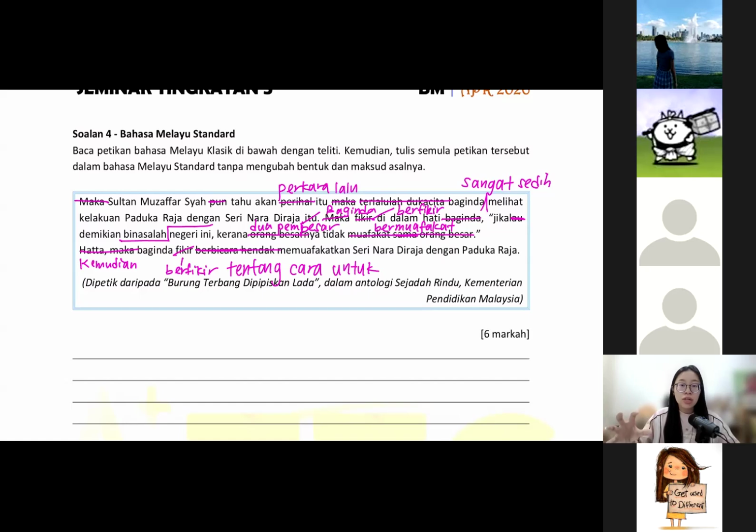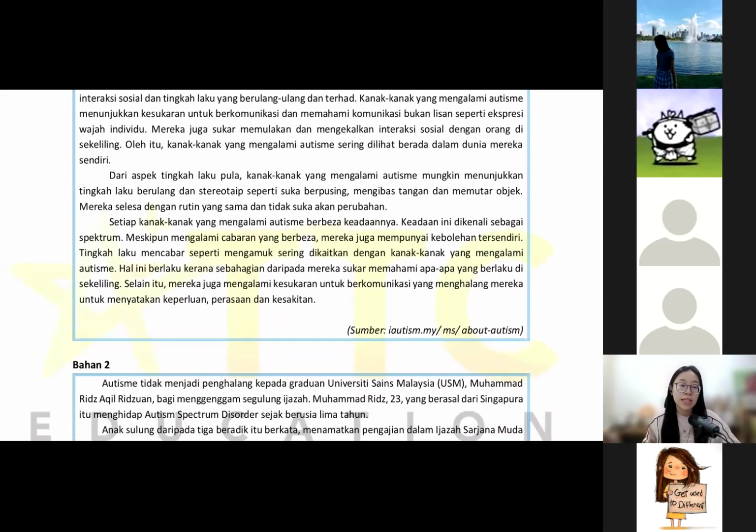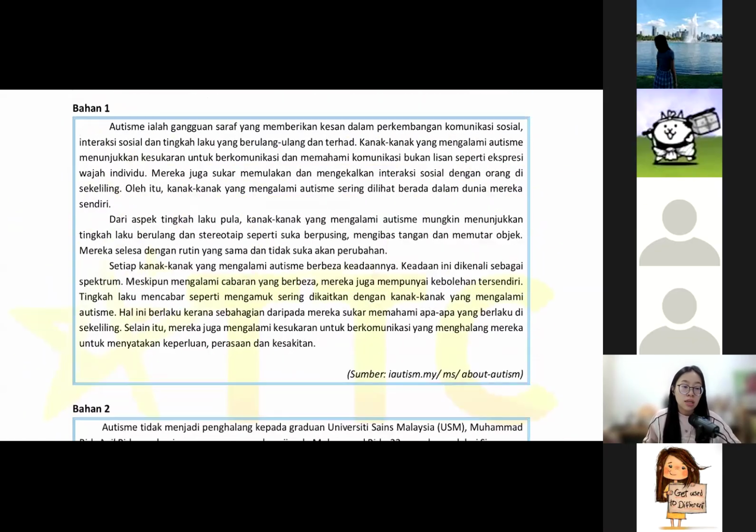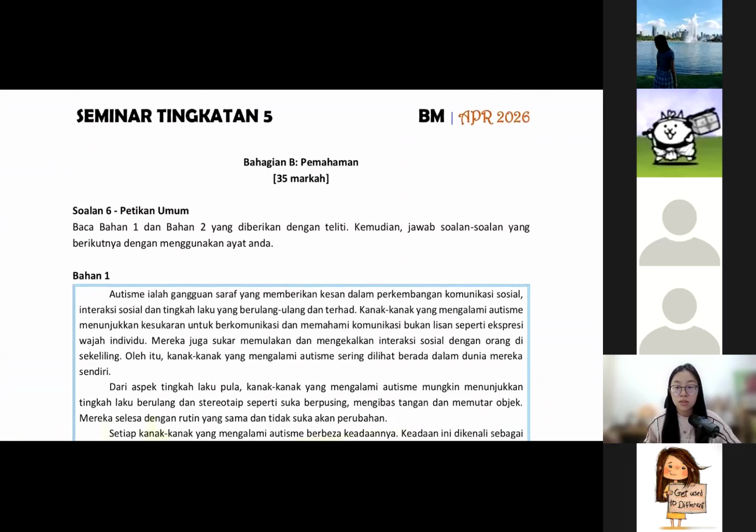You understand the story, no need to memorize, but you have to do a lot of practice for BMS. For novel, if you can't think of an easy way, then you have to memorize. Okay, any questions? Any more questions for this?